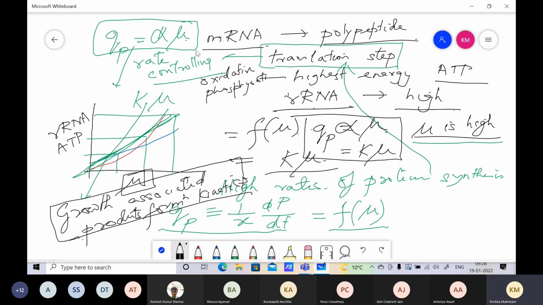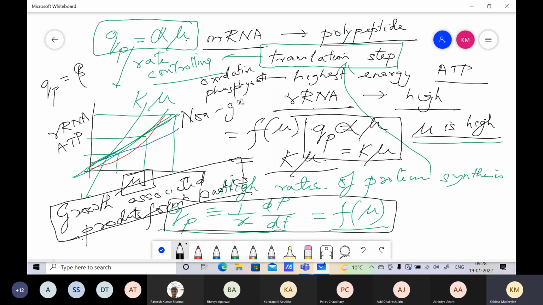If QP is proportional to mu or equal to K into mu, then it is growth associated product formation kinetics, and every other relationship of QP as a function of mu, any other non-linear relationship, including the fact that QP is equal to beta, which is not a function of mu, is non-growth associated product formation kinetics. That is how biologists used to work.